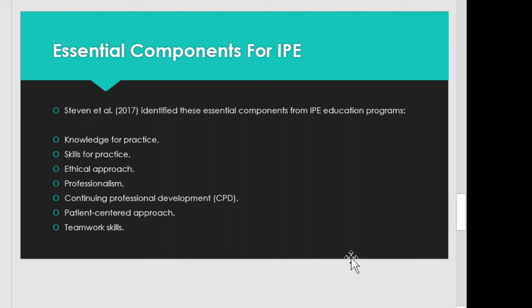Sunod, ethical approach, which is very difficult to approach an individual ethically when you are in collaborative practice. Second, professionalism. How professional are you in taking up criticism and at the same time taking up critics? Makurikan ba ka o dili ka makurikayan?